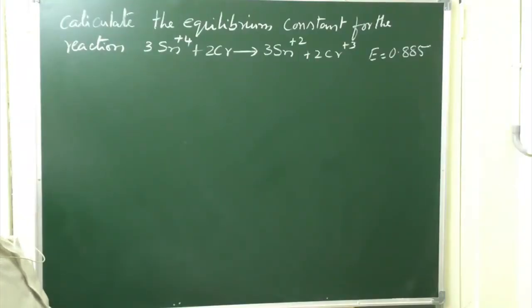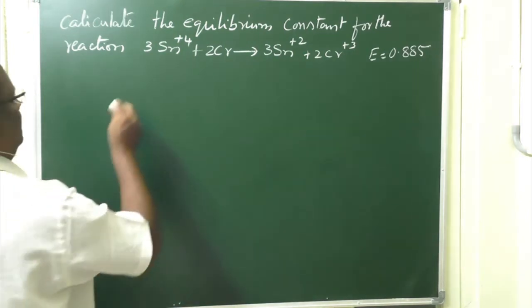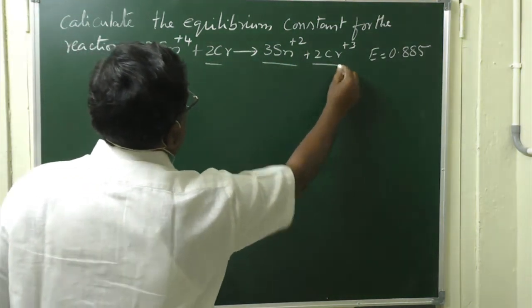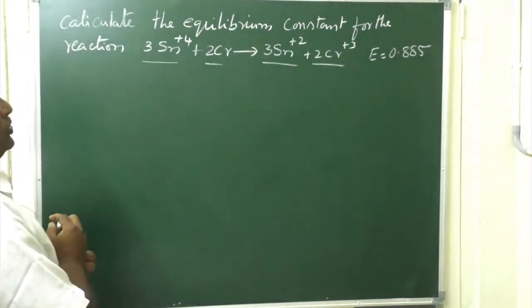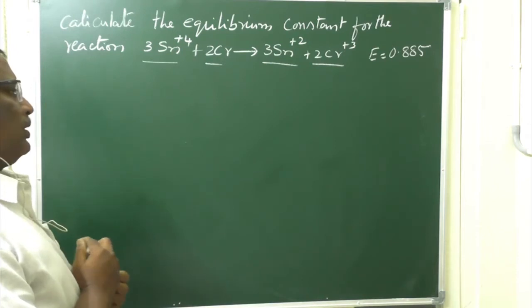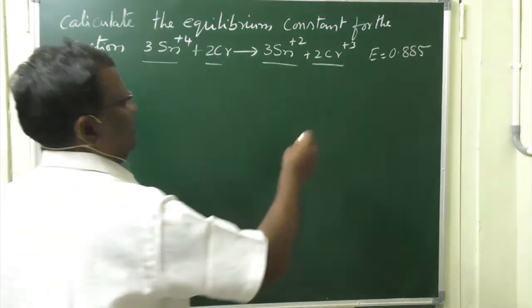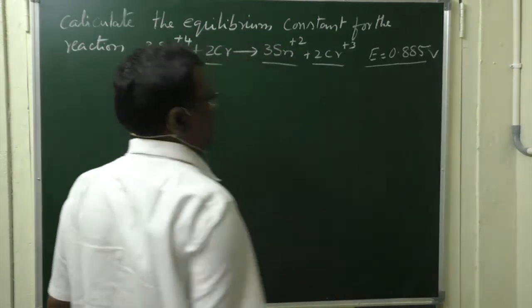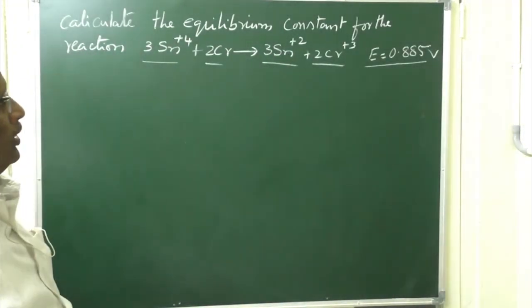Calculate the equilibrium constant for the reaction 3Sn4+ plus 2Cr gives 3Sn2+ plus 2Cr3+. The potential of this reaction is 0.885 volts.